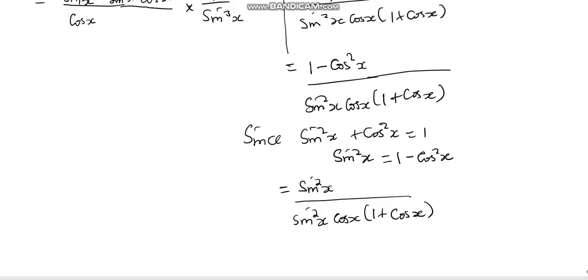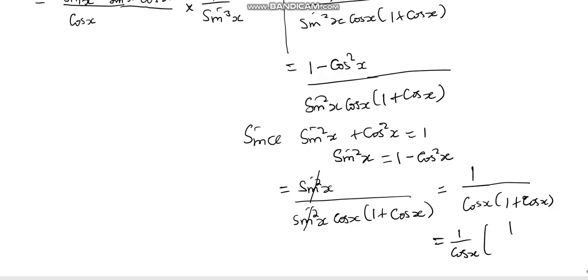Sin squared x and sin squared x cancel out, so it's just left with 1 divided by cos x, then we have 1 plus cos x. This is the same as 1 over cos x multiplied by 1 over 1 plus cos x.